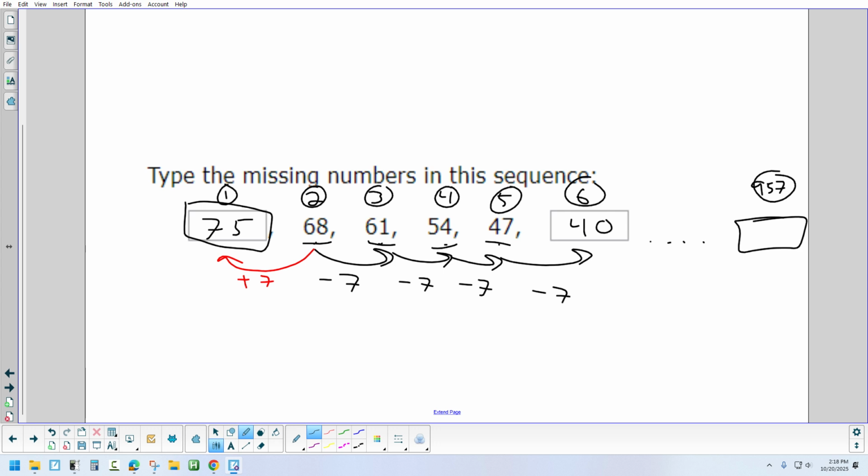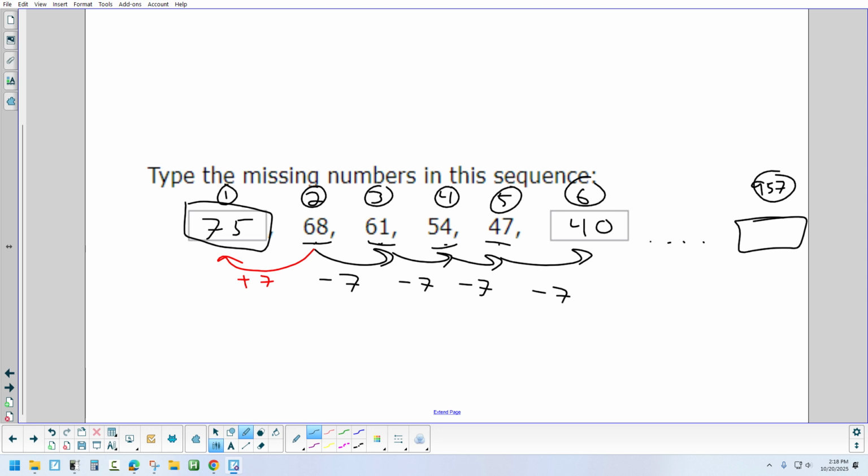Yeah, I want to know the 957th term. Is that going to take a while? No? You do the right equation. If you find the pattern and you write the right equation, you don't have to keep subtracting 7, 900 something times. That's going to take forever that way.